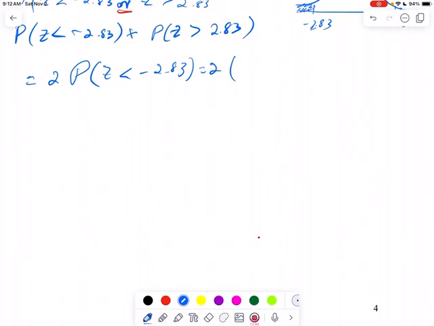And what we get is 0.0023, which when multiplied by 2 gives me the answer.